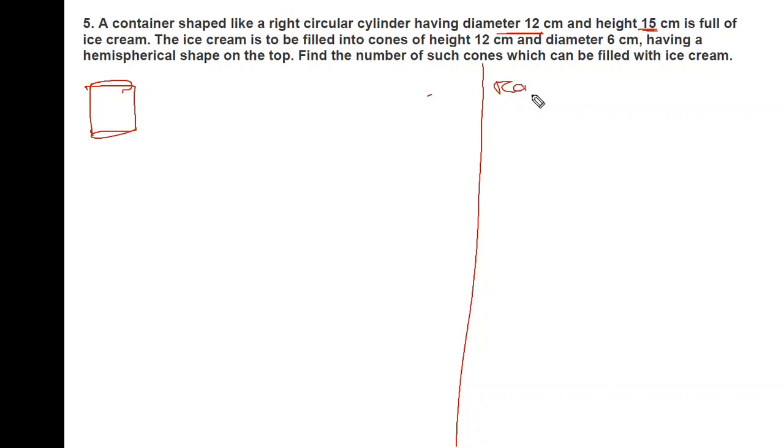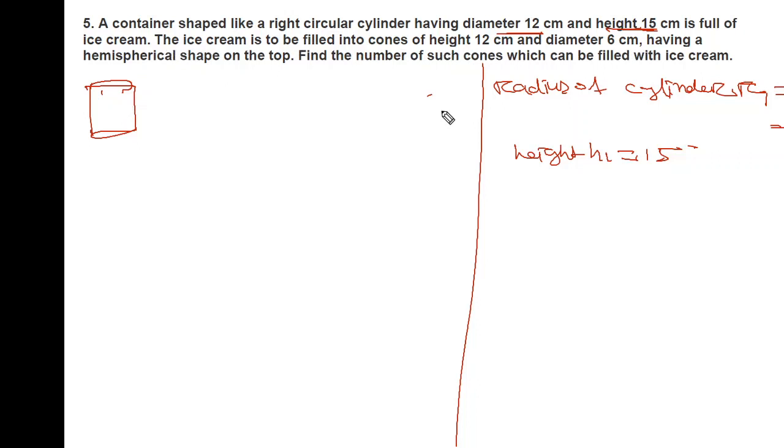So radius of cylinder, diameter is 12, so radius will be equal to, we can write radius of cylinder is equal to R1. R1 equal to 12 by 2, which is equal to 6 centimeter. Height is given, so you can say H1 equal to 15. Now this cylinder is full of ice cream and that is to be filled in another ice cream cone whose dimensions are given.